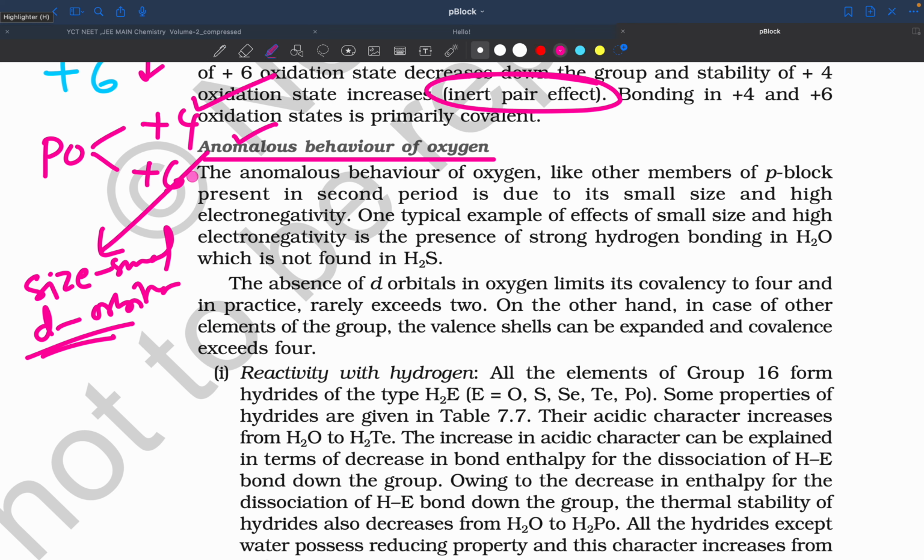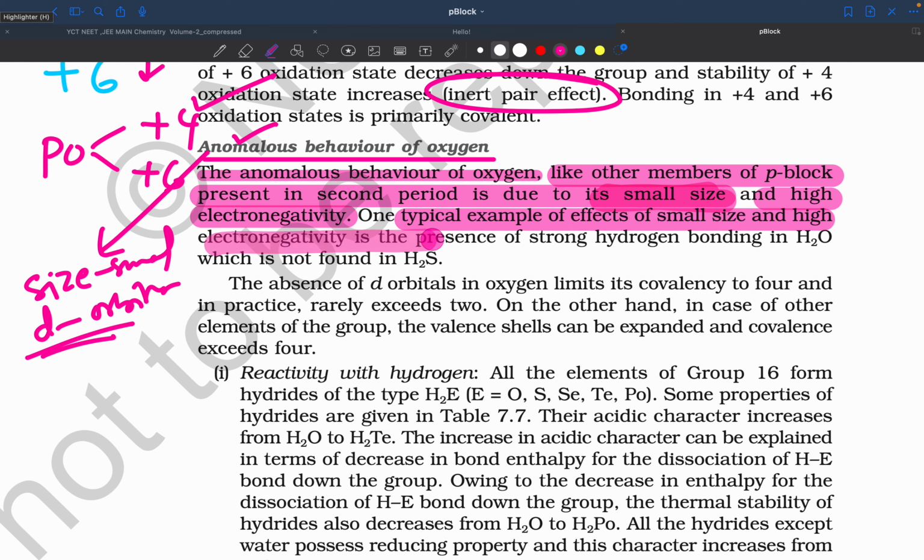What is given here? The anomalous behavior of oxygen, like other members of the p block present in the second period, is due to its small size and high electronegativity. One typical example of the effects of small size and high electronegativity is the presence of strong hydrogen bonding in H2O, which is not found in H2S.